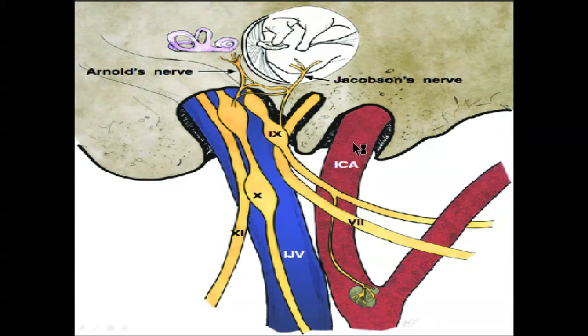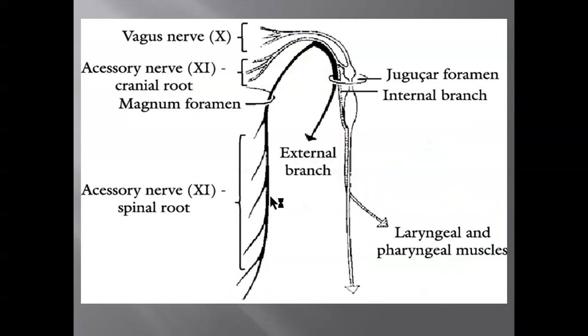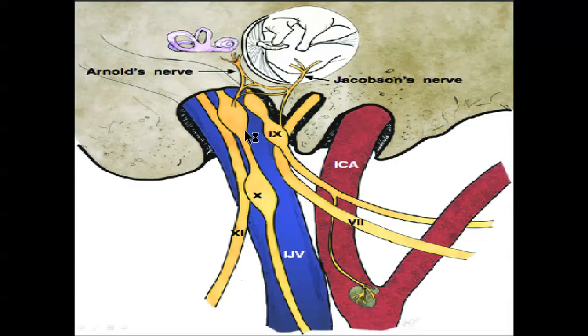Now here we can see the internal carotid artery has reached the skull base. For the accessory nerve, it's about to reach, but the internal carotid artery has reached the skull base. Now we can see this is the jugular foramen, and here we have the carotid canal.